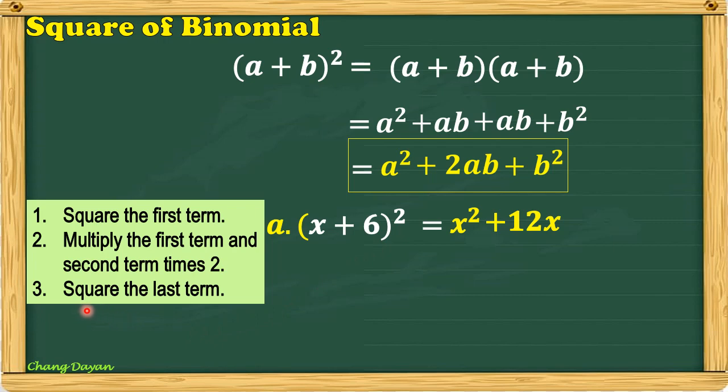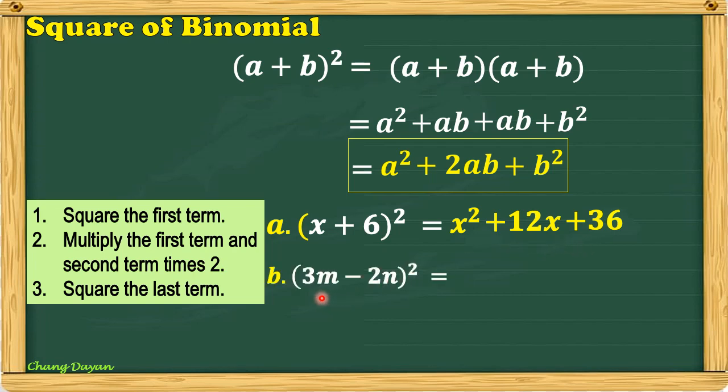For the last term, square the last term. So square 6, that is 6 times 6. That will give you positive 36. Therefore, our answer for x plus 6 squared is x squared plus 12x plus 36.